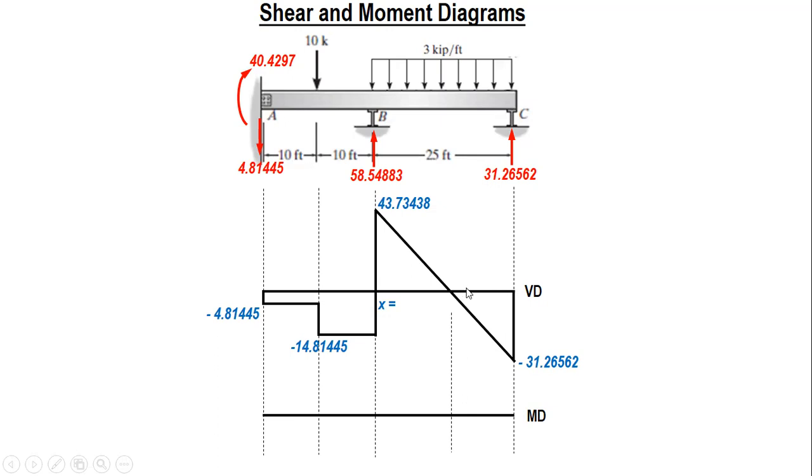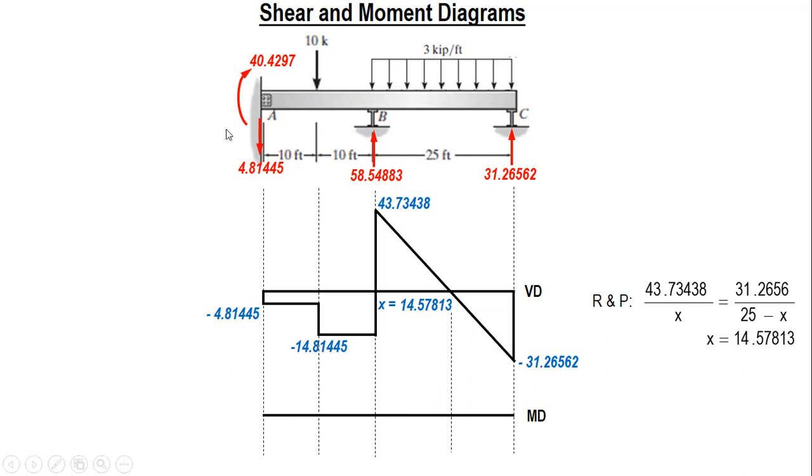Now this distance is 25 minus x. Okay, we have 43.73438 over x equals 31.26562 over 25 minus x. And we have x equal to 14.57813.